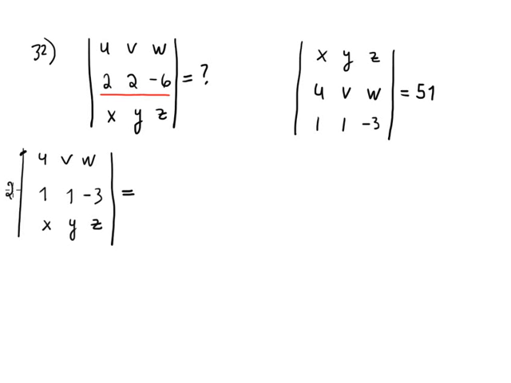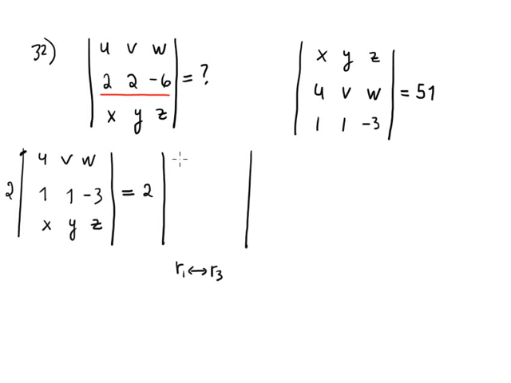Now, in order to put this determinant exactly the same as that, I need to interchange, for example, the row 1 and the row 3. In this case, you interchange row 1 and row 3.